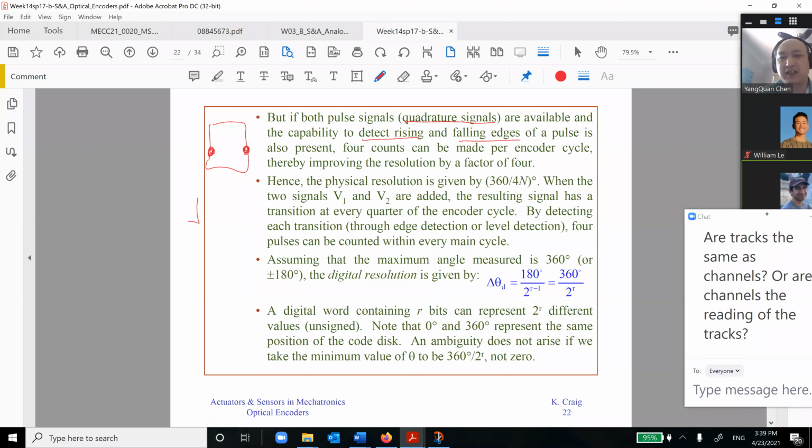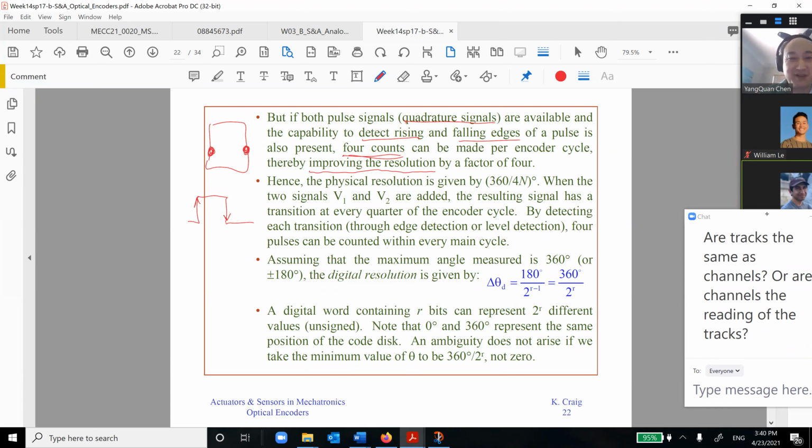I detect this edge, I also detect this edge, the rising edge and falling edge. So actually I have two channels. I have 4 counts because of this rising and going down, per encoder cycle.